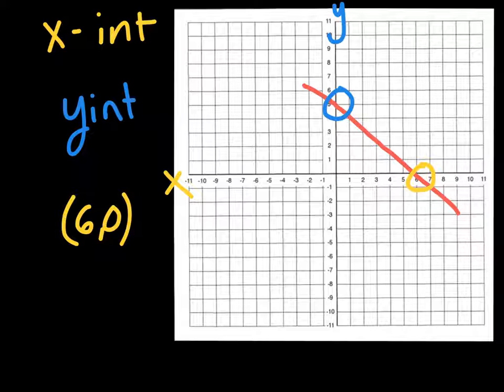Or you would go over 0 to the right or left, and you would go up 5. So just to recap, the x-intercept is where a line crosses the x-axis. And the y-intercept is where a line crosses the y-axis.